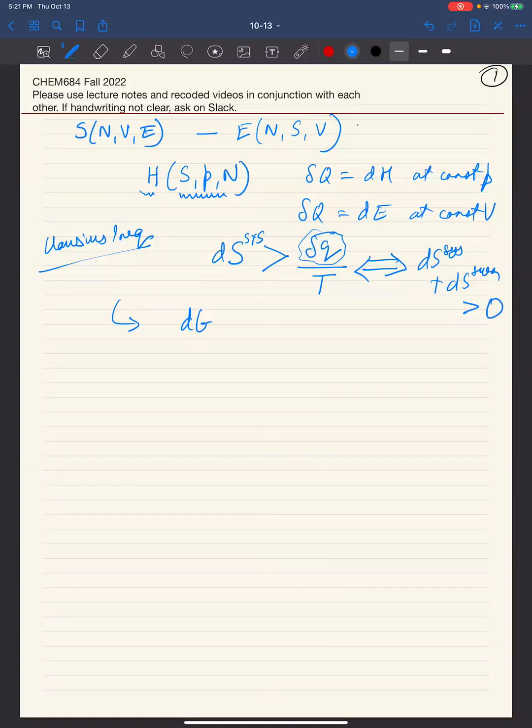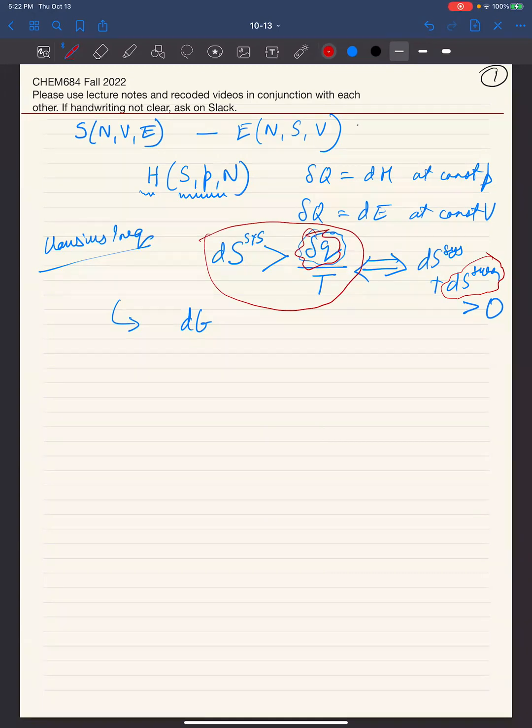Because when you have system and surrounding together, then delta Q is by construction zero. System and surrounding together are an insulated system. So this is problematic because we have to calculate the entropy change of the surroundings, and that's always going to be a mess. This one, we don't have entropy change of the surroundings, but we do have to think about path functions, which is heat given to the system.